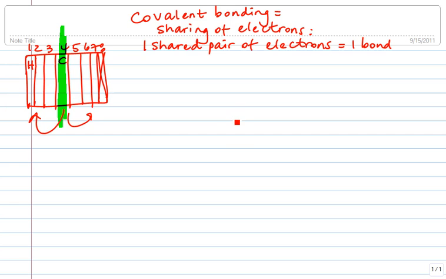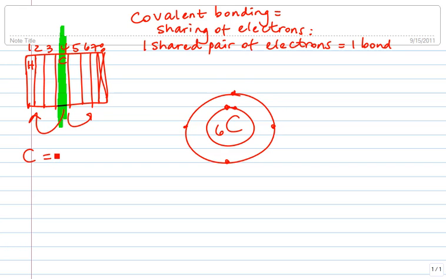So carbon, for instance, has atomic number 6, so we can put 2 electrons in the first shell and the other 4 in the second shell. So carbon is looking for 4 more electrons. And we call them valence electrons because they are in the valence or outermost shell.